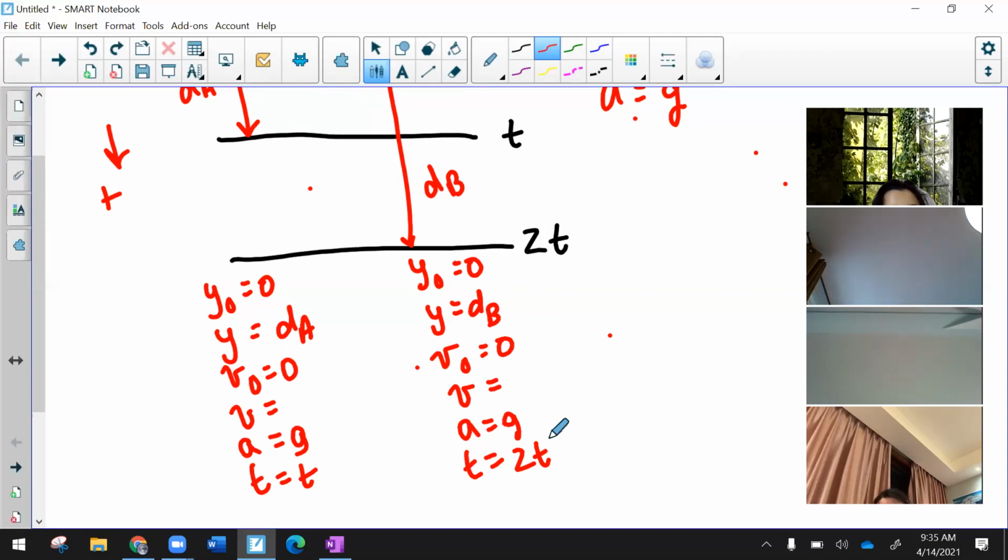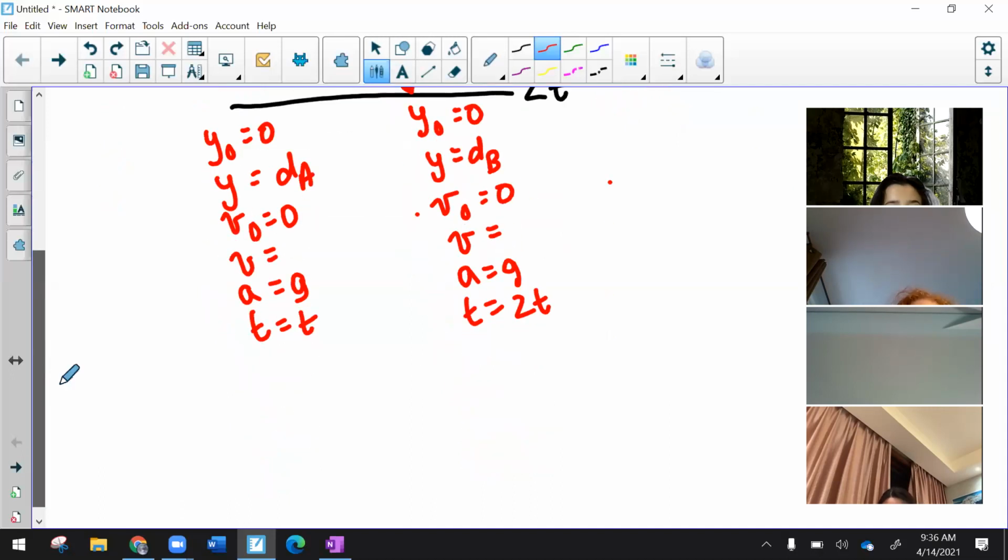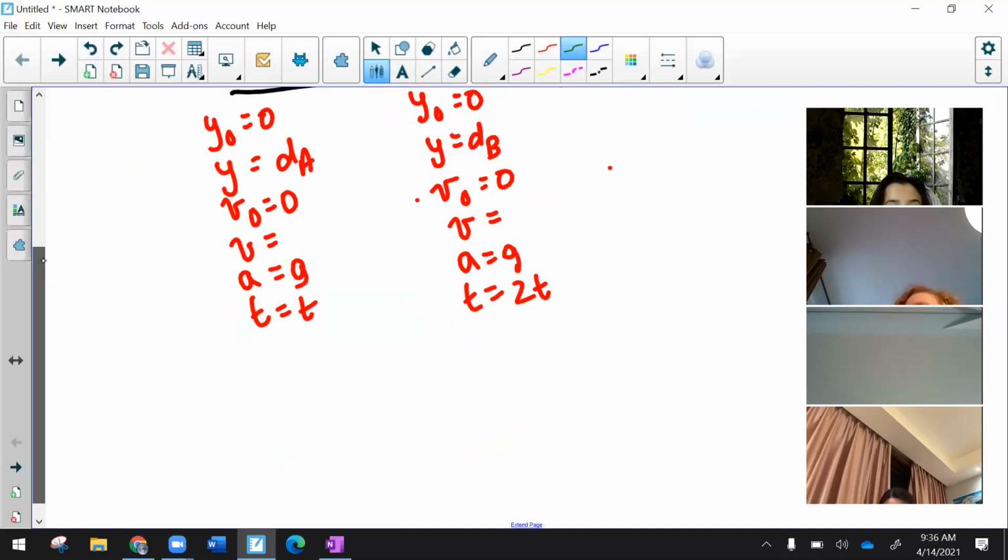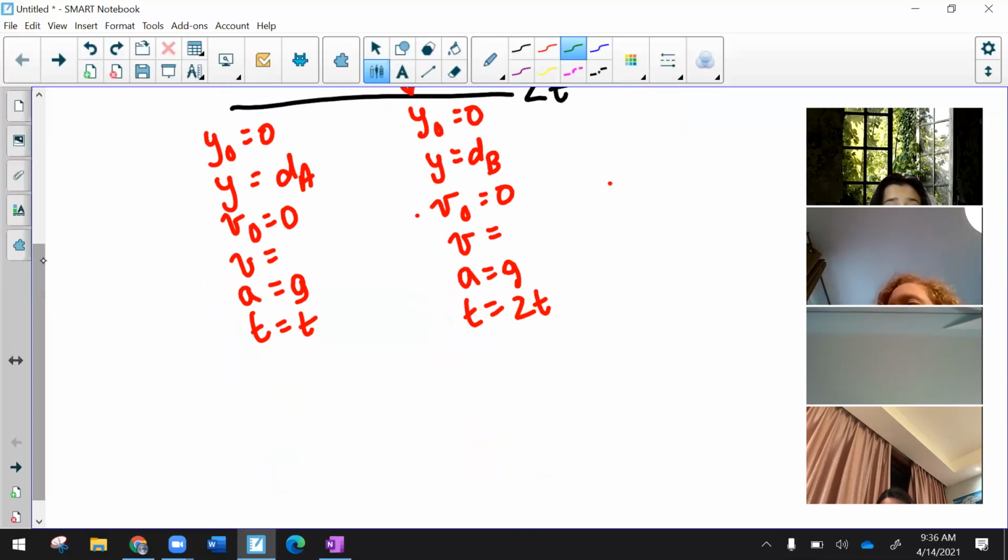And then it looks like what I decided to do was to kind of solve for t. That would be because I know that t and dA and dB are all going to be related. So if I look at each of these problems separately and come up with an expression for t, I can set those expressions equal to each other and then have a way to relate dA and dB.